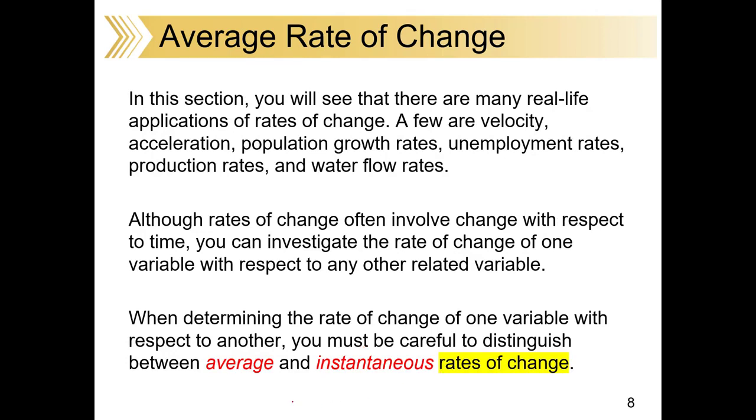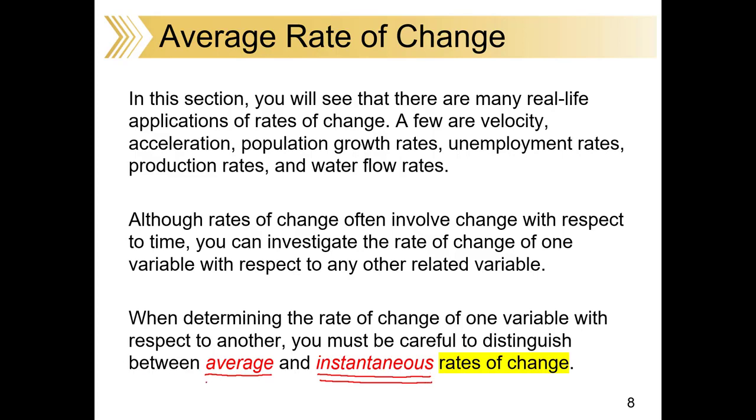One of the things you want to remember today after finishing up is the difference between the average and the instantaneous rate of change. Instantaneous means how are things changing right now.